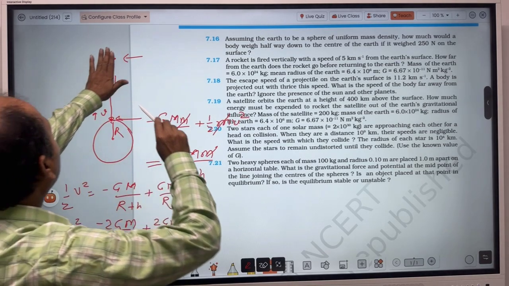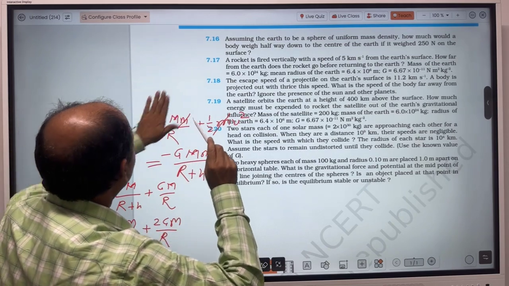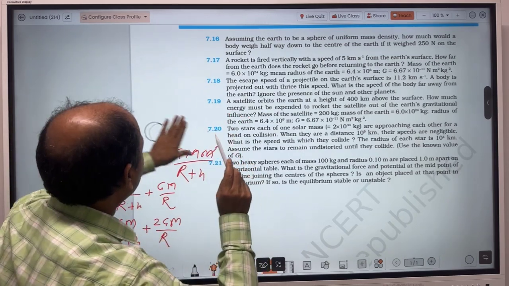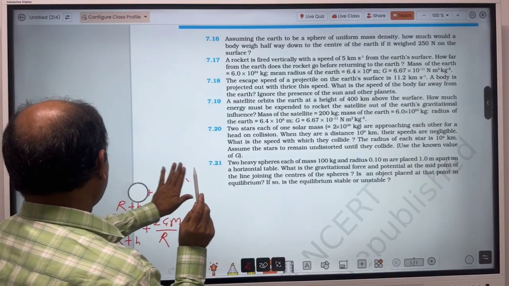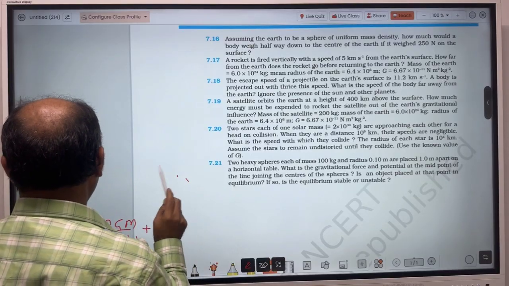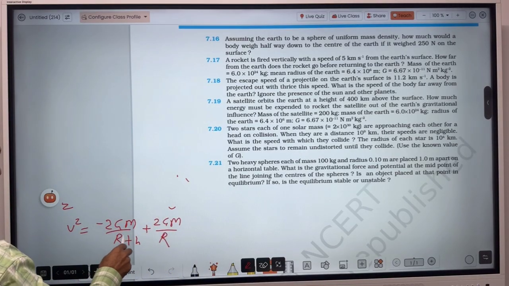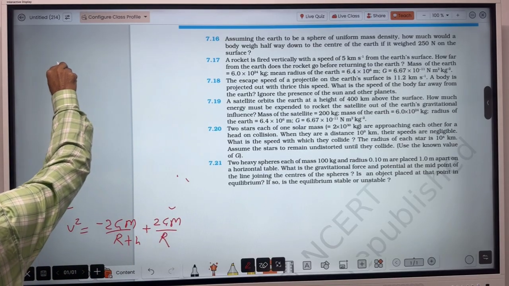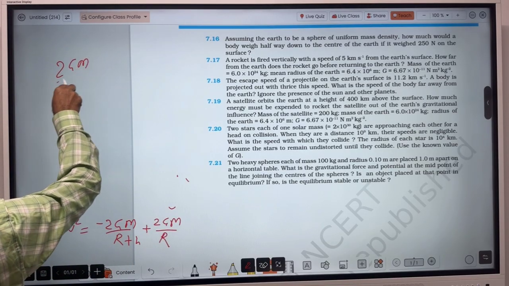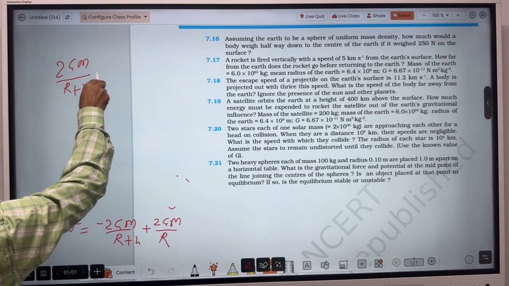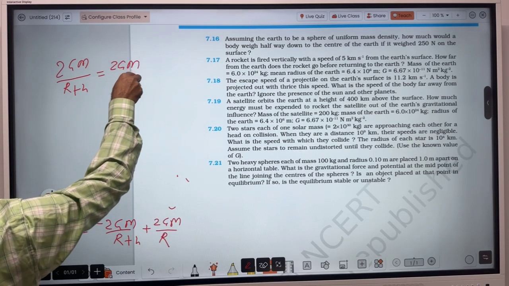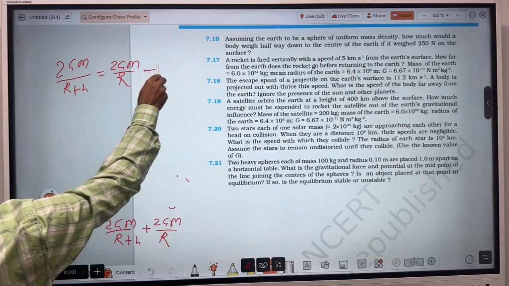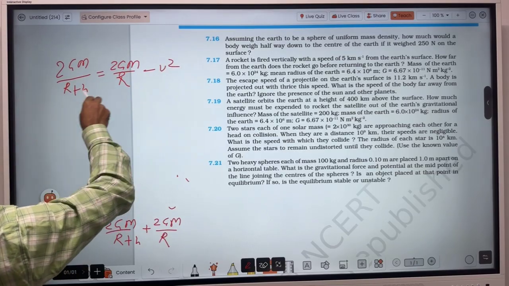So let's proceed. What can be the next step? We take this term to the LHS: 2GM divided by (R plus h) equal to 2GM divided by R minus v square.